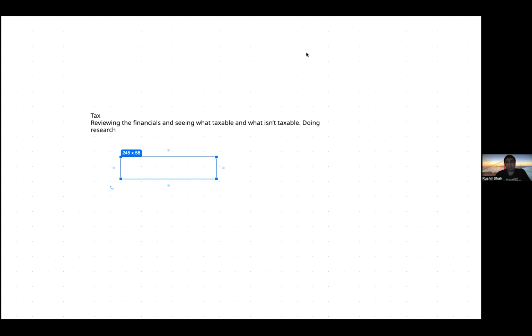So it's reviewing what is taxable and what isn't, and identifying grants, applications, and forgiveness programs for your business. And that's kind of it.